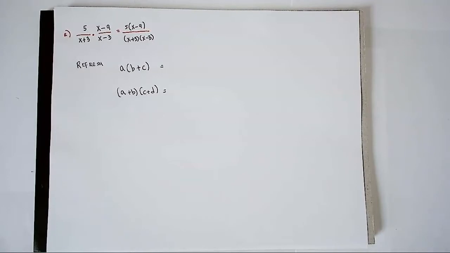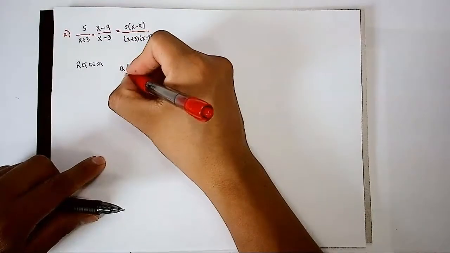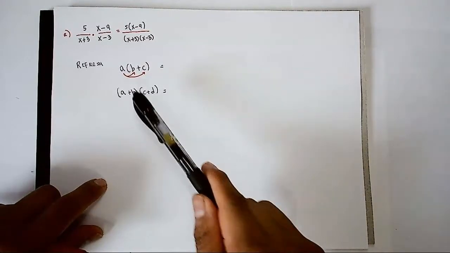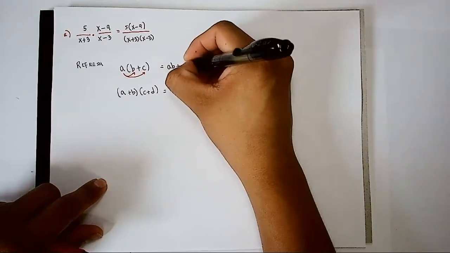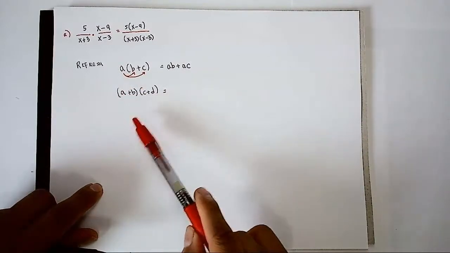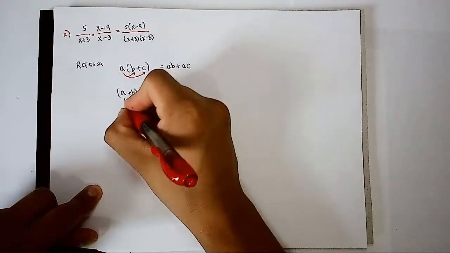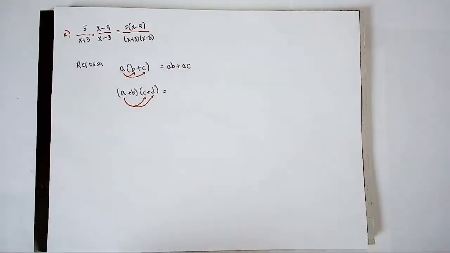Before we continue, let's refresh a little bit the distributive property. If we have a times (b plus c), we multiply a to both terms inside the parentheses. This is equal to a times b plus a times c. When we have two binomials, we multiply the first term of the first parenthesis with each of the terms in the second parenthesis.